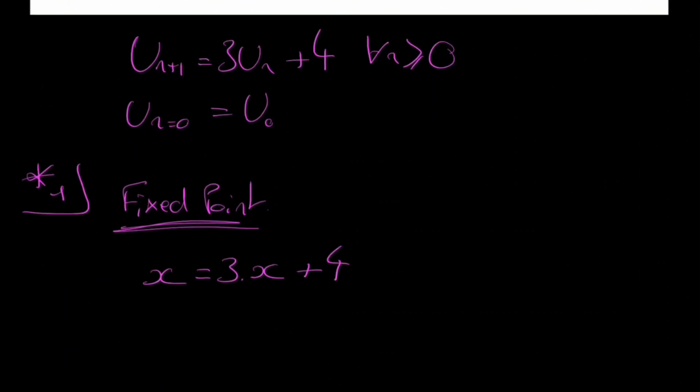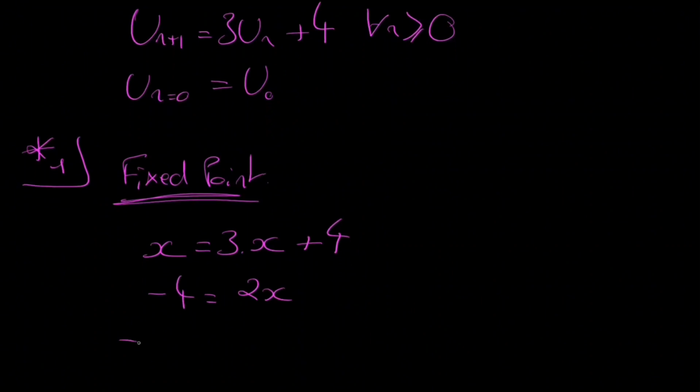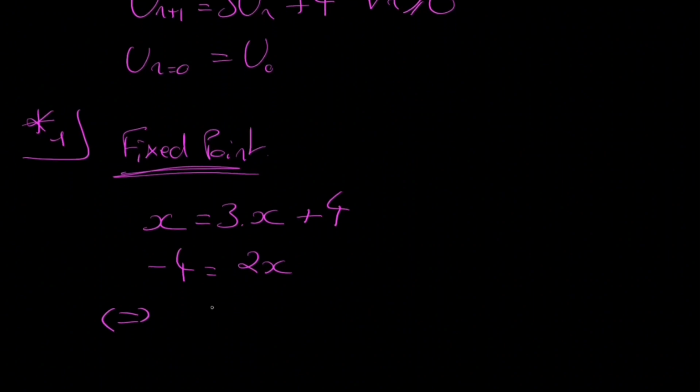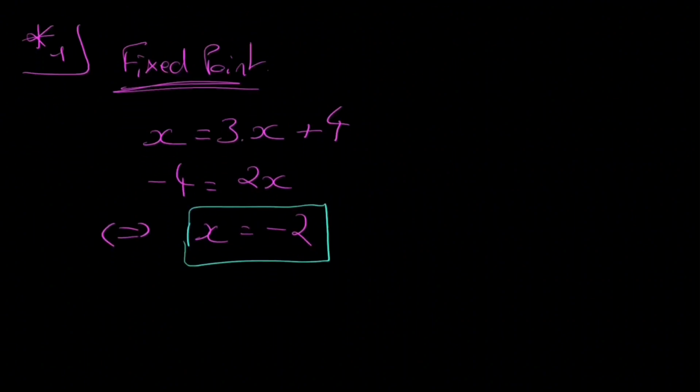So we solve this equation. We have minus 4 is equal to 2x, which is equivalent to x equal to minus 2.